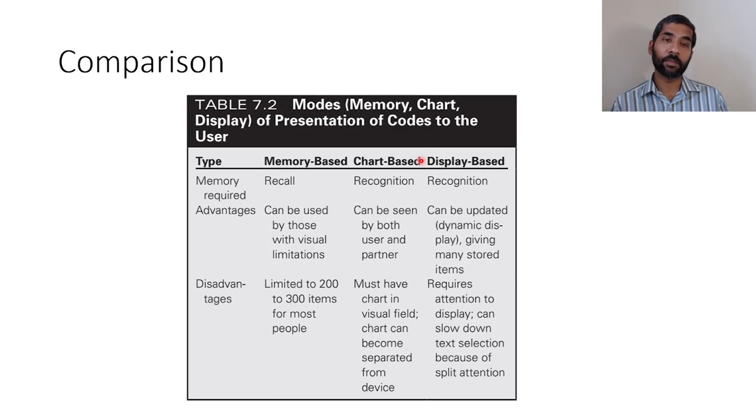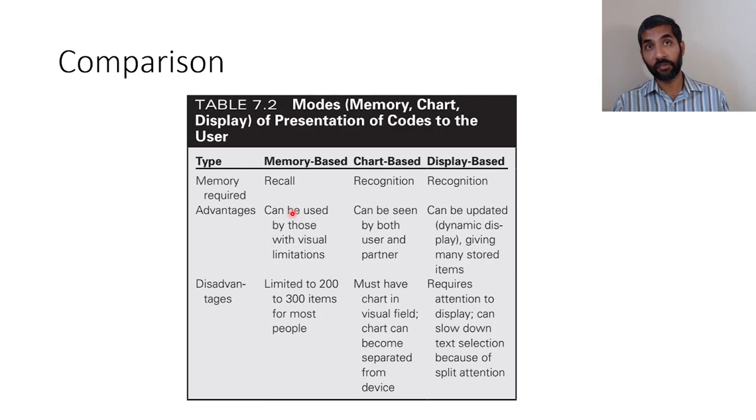Now, the thing with all this is that there are different kinds of capabilities that are used, right? For example, if you could memorize the Morse code and use it, you don't need vision, and so people with visual impairment can also use these.